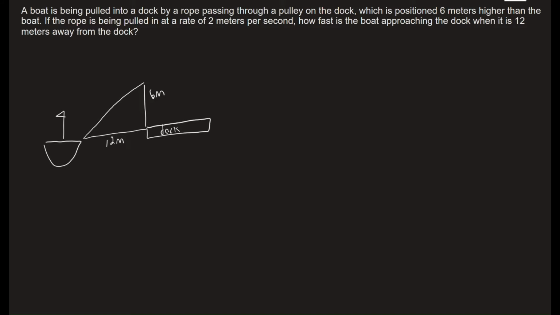So let's find the missing side length. So z squared equals x squared plus y squared. Z equals root x squared plus y squared equals root 12 squared plus 6 squared. So let's plug that in, and we're left with 13.42 meters. So let's write that.